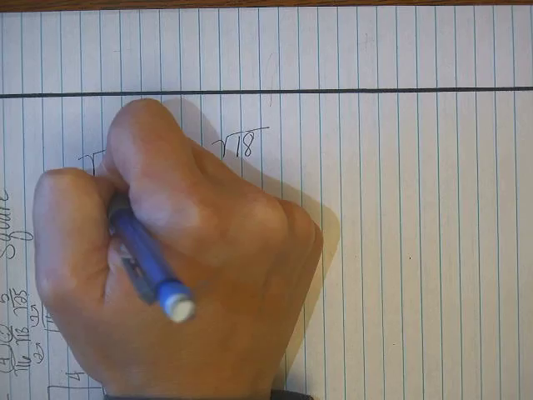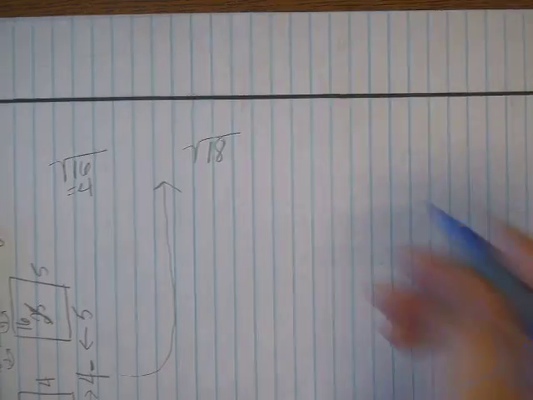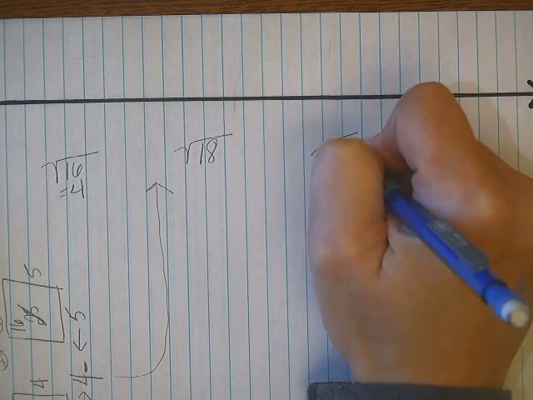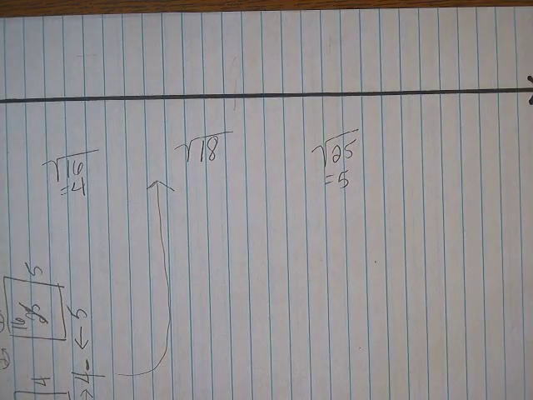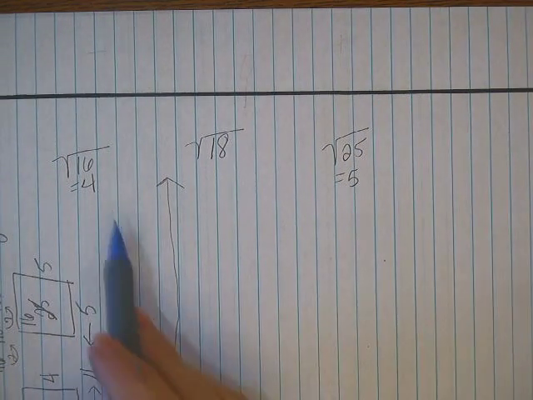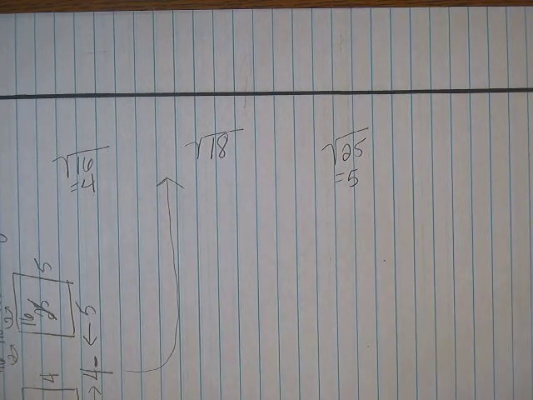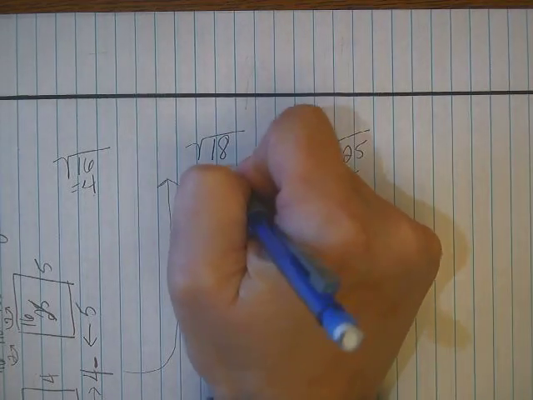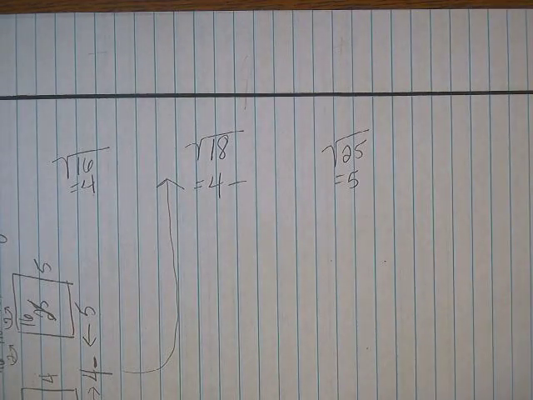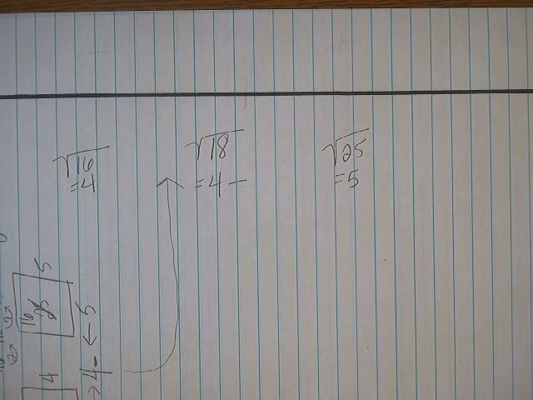The perfect square after it is going to be 5 because that's the square root of 25. And we know the square root of 18 is going to be in between these two square roots.